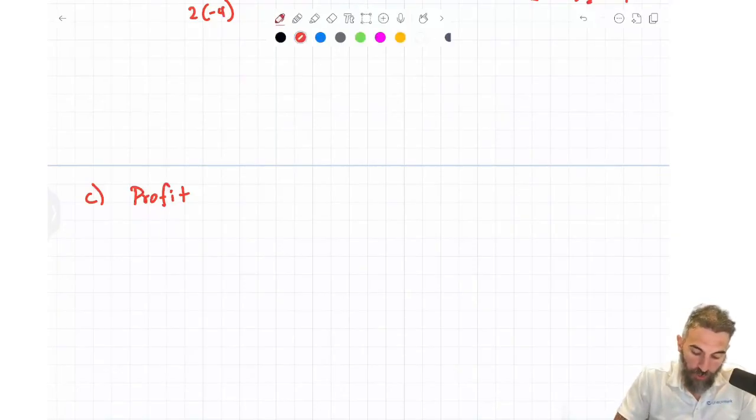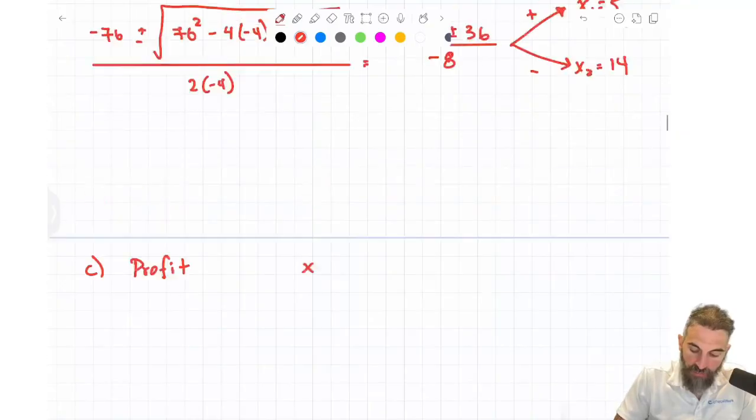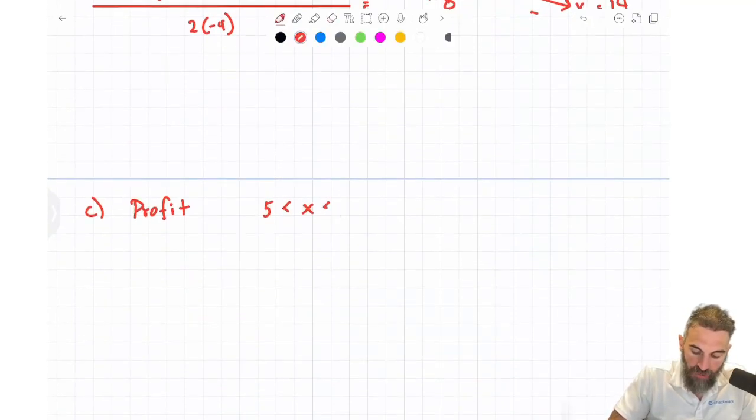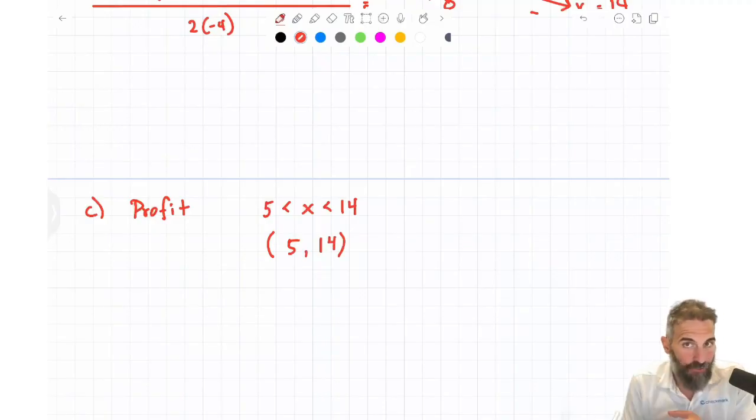So I would say you earn a profit if your x is greater than 5, but less than 14. That would be if you wanted to use the inequality, or you can use the interval form, which is 5 to 14. Now, why am I not including them? Because at 5 and at 14, you don't have a profit. You don't have a loss either. You're breaking even, right? So technically, you don't want to include those.